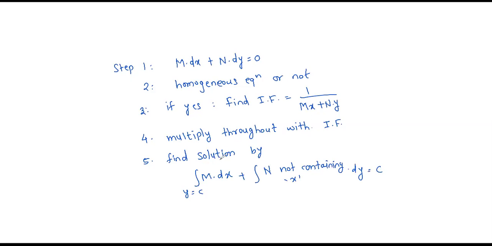See why we are finding the solution using this: because once you multiply throughout with the integrating factor, it becomes exact. And once it is an exact differential equation, we know how to find its solution. So these are the steps. If the given differential equation is not exact, we can reduce it to an exact equation by multiplying it with a suitable integrating factor.